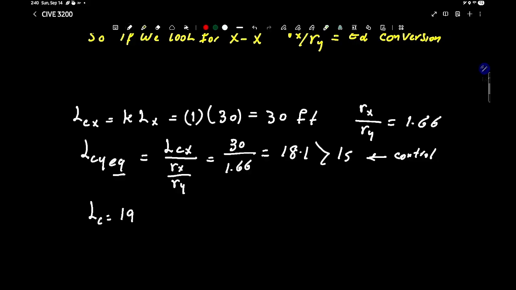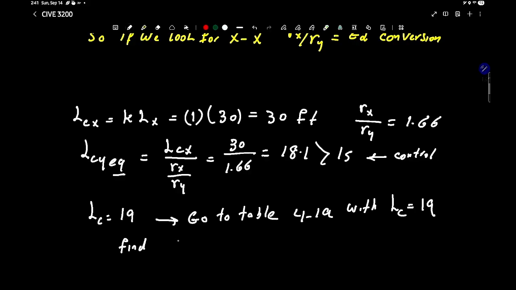So now let's go to table 4-1a with LC equal to 19, and we're going to find phi PN. Let's look at it, see if we can find it for LC equal to 19.